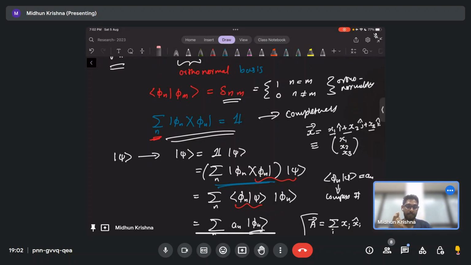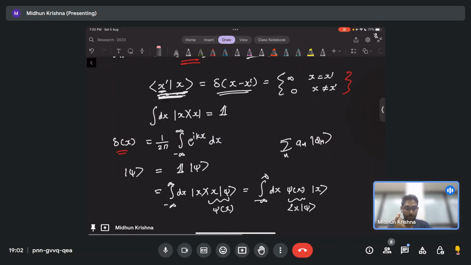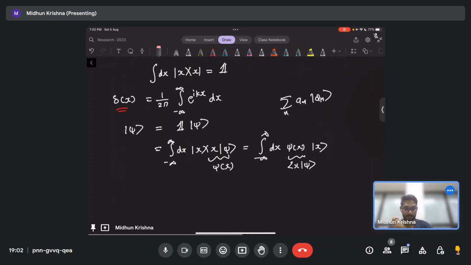Likewise, if I tell you what psi of x is for all x, that's equivalent to completely specifying the state. You can think of this as a column vector with, for each x, a value psi of x. If I think of it as a vector, it's very complicated. That's why I don't usually do it.